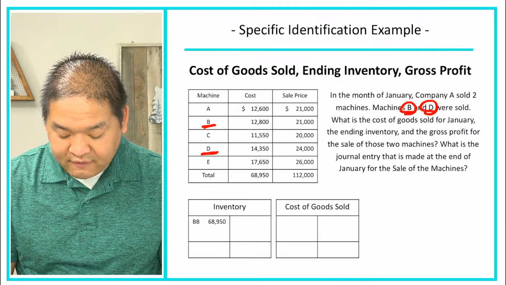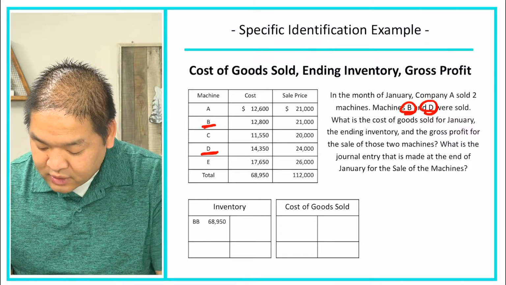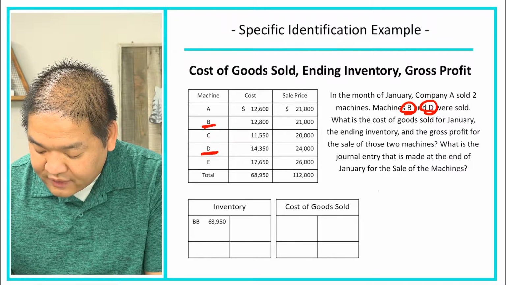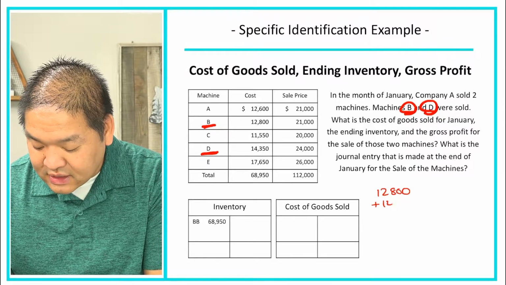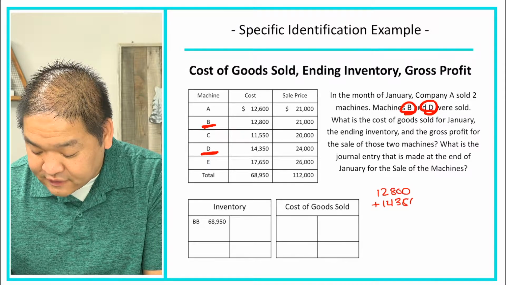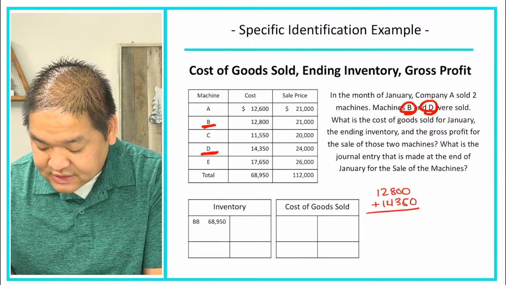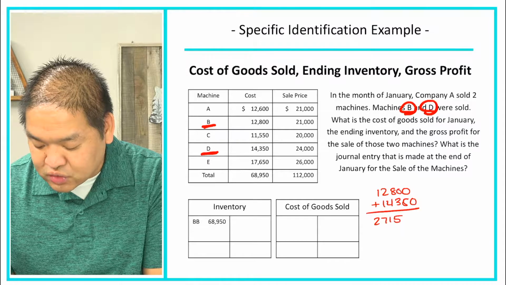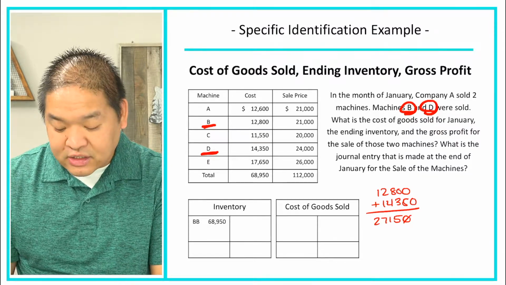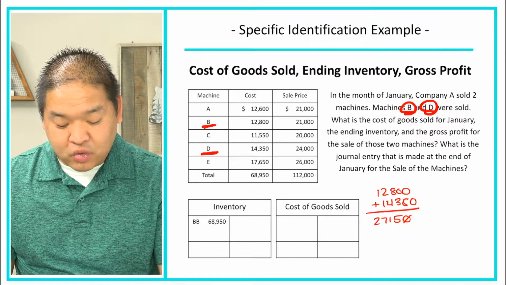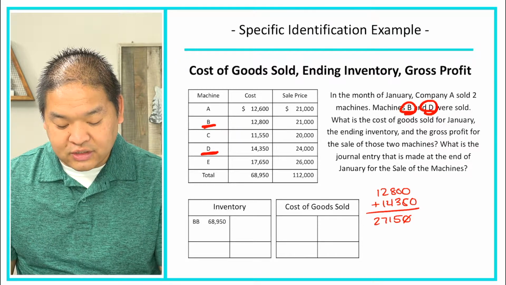So if I do the math here, we're going to add up the cost, $12,800 plus $14,350, and that's going to give us $27,150. So $27,150 is what we're going to move from inventory to cost of goods sold.